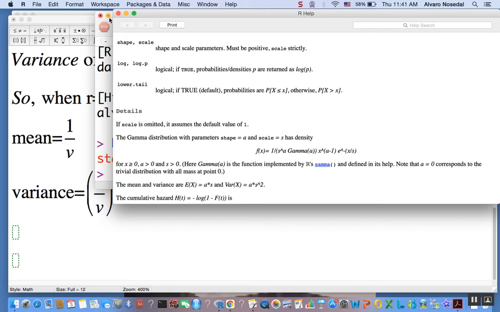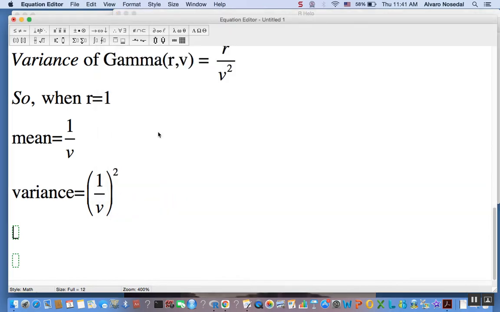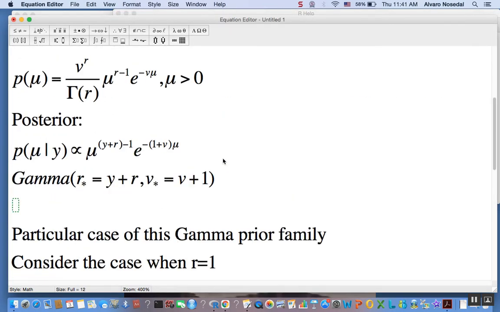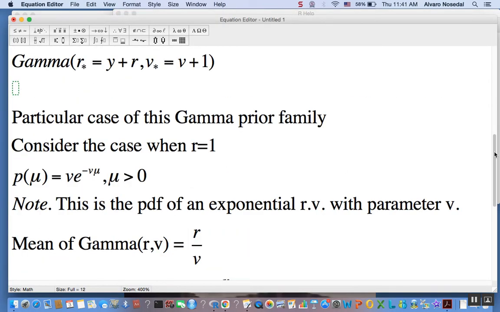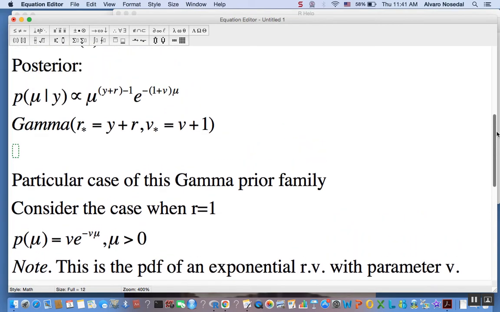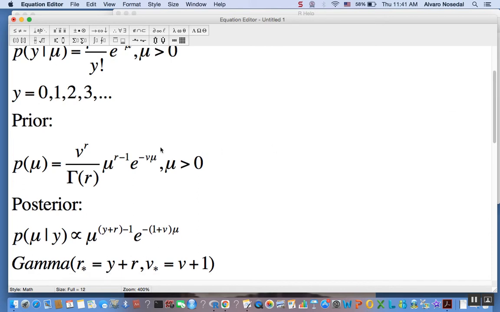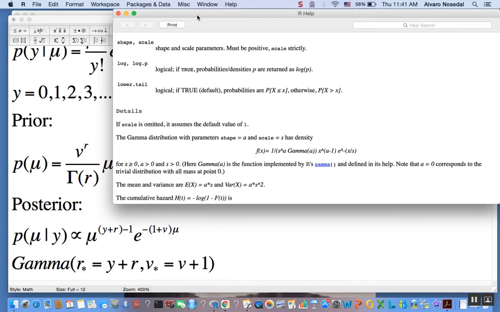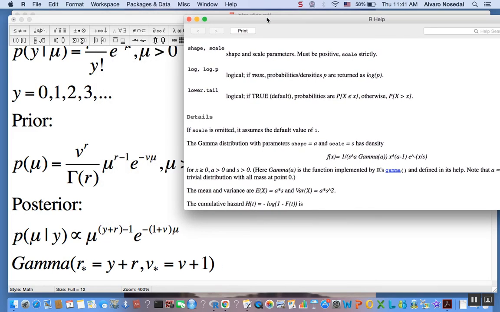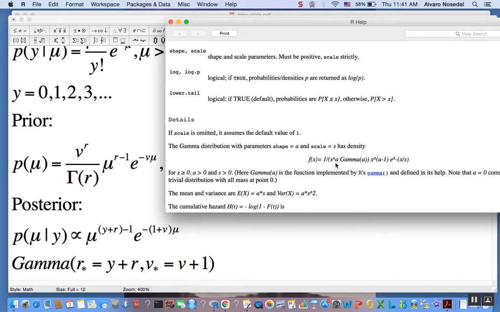So, as you can see, we must have the expression of our gamma with parameters v and r. It's here. If you compare that to the one that R uses, it's different. It's a different way of expressing the PDF.